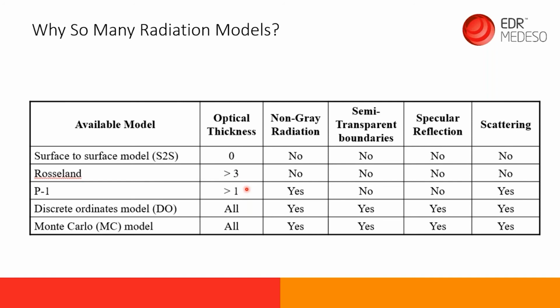They are geared towards different optical thicknesses. The S2S model, which we use a lot in CHT, is designed for zero optical thickness or non-participating media, and then we have other models which can suit other circumstances. So you just have to look at your individual circumstances. Okay, we'll go back to the model again.